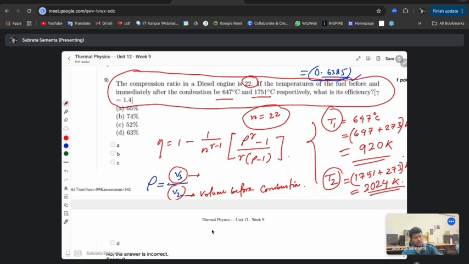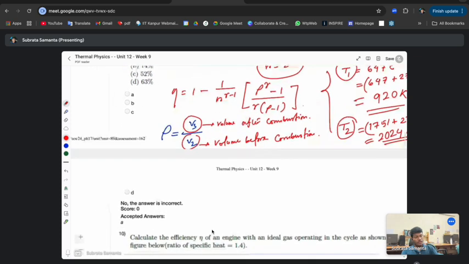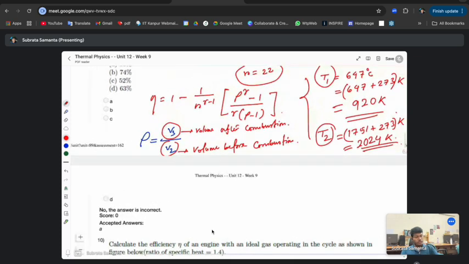So this is the volume after combustion. How to calculate this V3 over V2? Because this V3 over V2 is exactly T3 over T2, since volume is proportional to temperature.